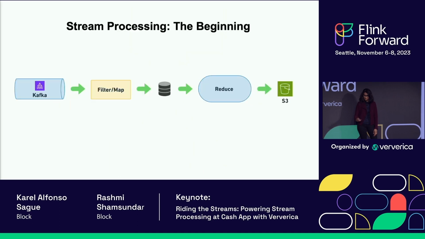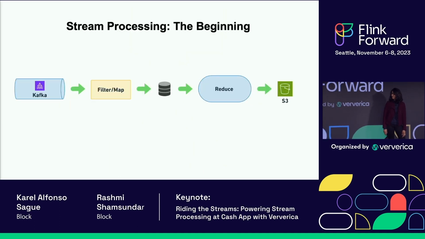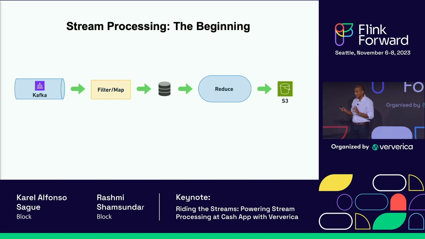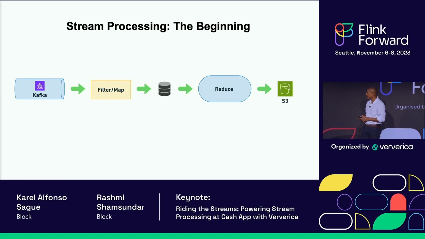Once we started this journey of migrating from the monolith to event-driven architecture, we noticed that there were lots of solutions out there implementing the use cases that Rashmi just mentioned that were inefficient ad hoc implementations of what a stream processing framework would provide you.